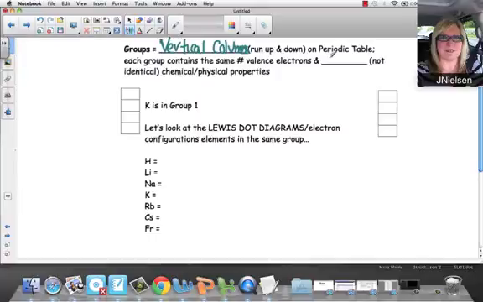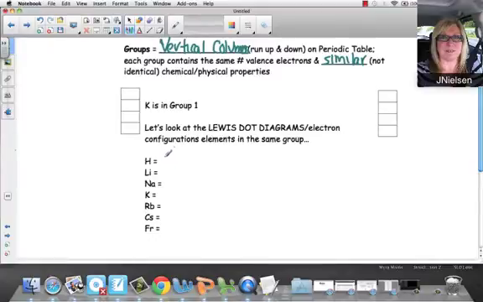And similar, not identical, chemical and physical properties. So let's just look at the electron configurations. I'm not going to do Lewis dot. I'm going to look at the electron configuration so you can see the trend.